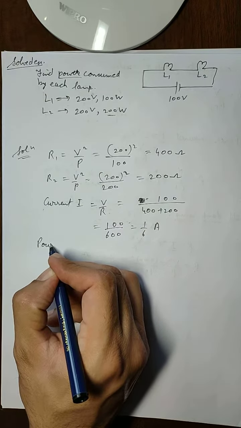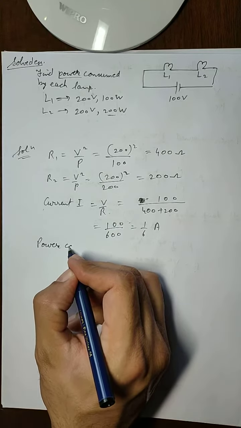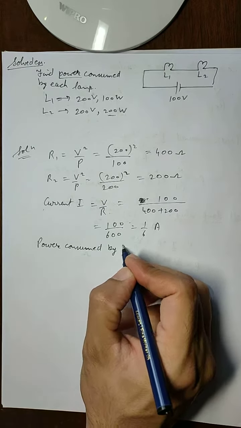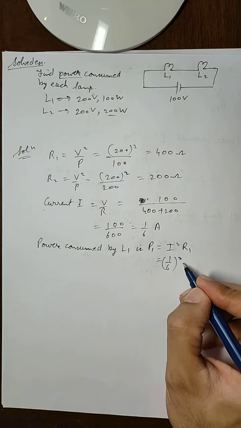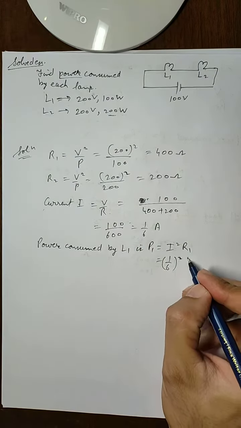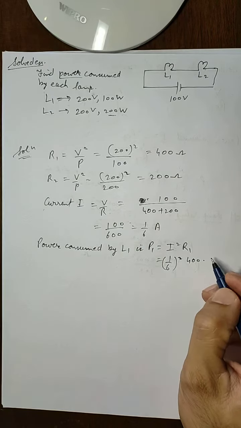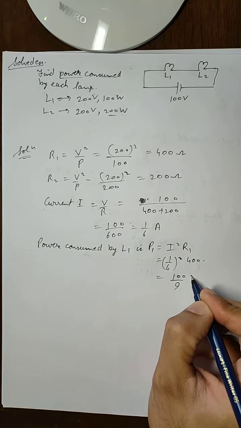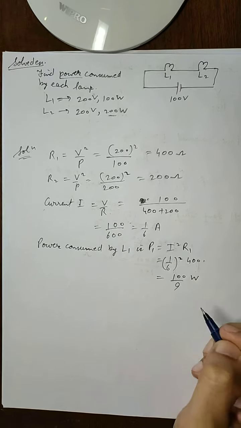Now we can find out the power consumed by each of the lamps. So the power consumed by lamp L1 can be written as P1, and this is equal to I square R1. So 1 by 6 square, and the value of R1 is 400. So it will be equal to 400 upon 36, so 100 upon 9 watts.